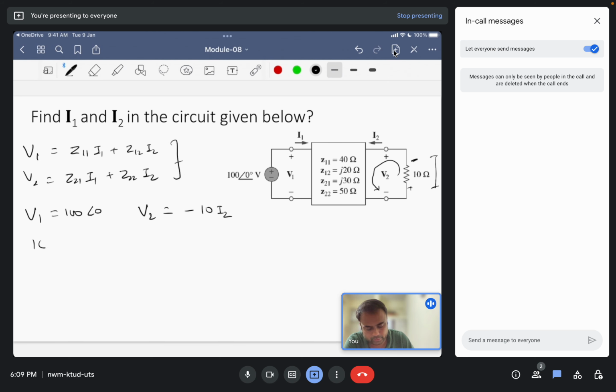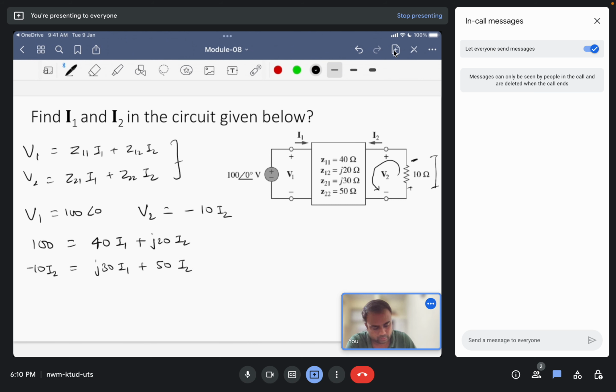So V1 is 100, Z11 is 40 I1 plus Z12 is J20 I2, and V2 we can write as minus 10 I2 is equal to Z21, which is J30 I1, plus Z22 is 50 I2.